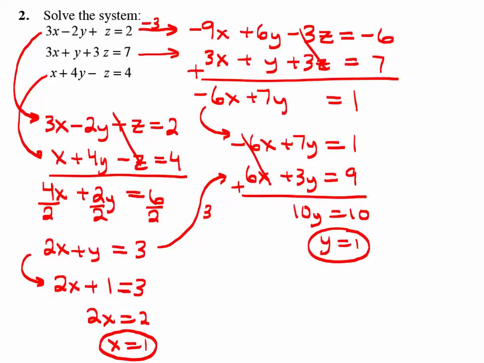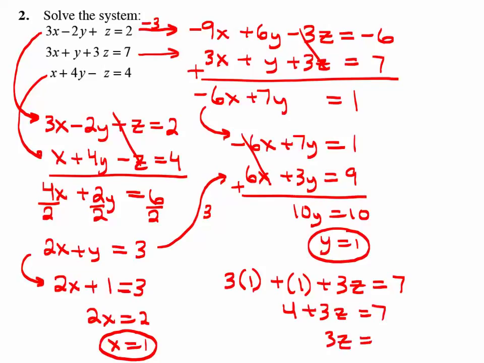Give me what z would be. Still 1. Alright, this time I chose the middle equation. And again, it doesn't matter which one you choose. If you chose the top one, that's okay too. We should get still the same exact answer, which is z is also a 1. Okay, and then again, you still have to write it as an ordered triplet. So it's going to be 1, 1, 1.